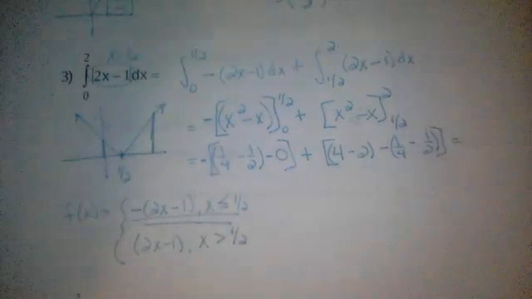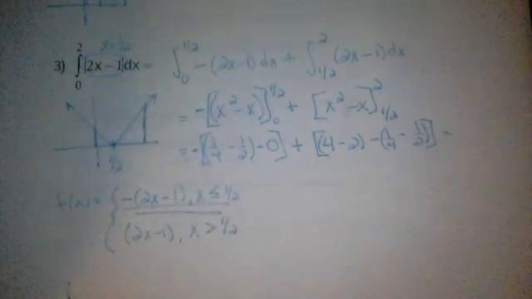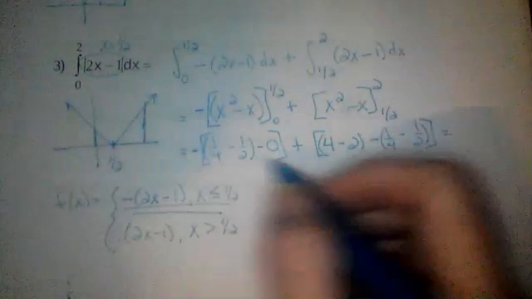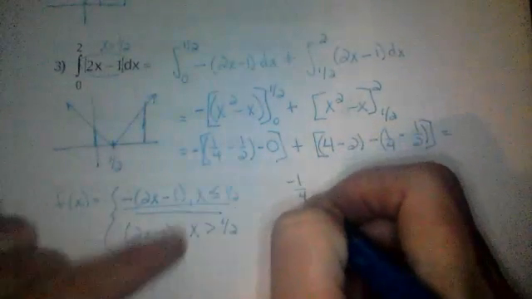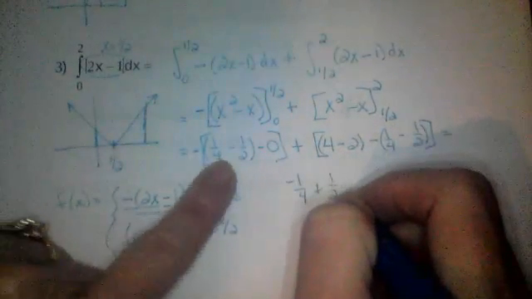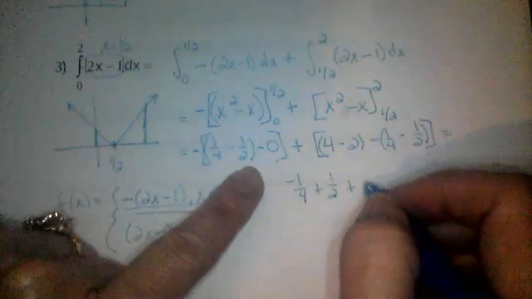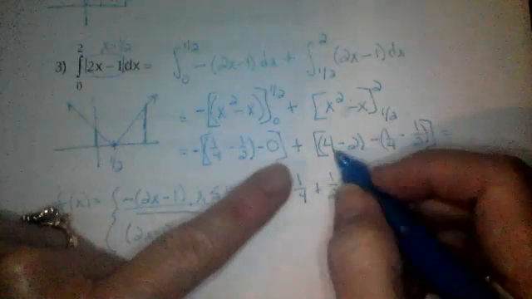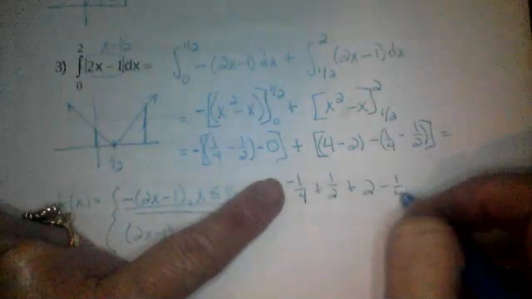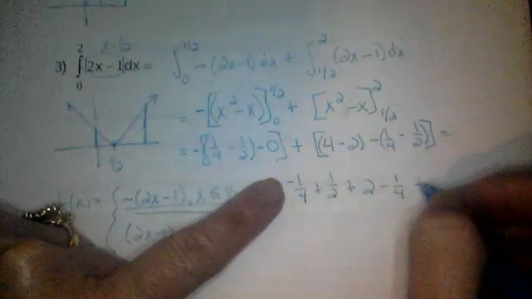All right, so now we want to combine all of this together. So I've got negative 1/4 plus 1/2 from right here, plus, and then 4 minus 2 is just 2, and then minus 1/4 plus 1/2.